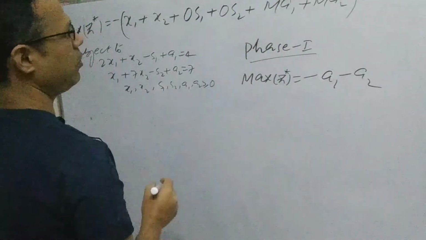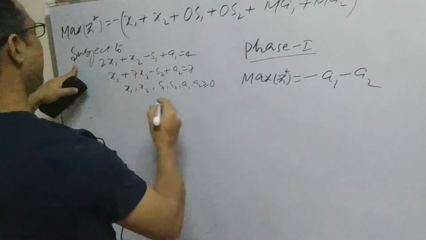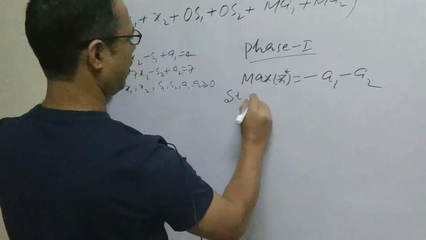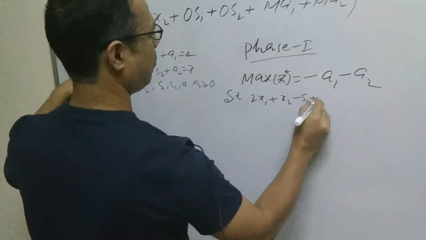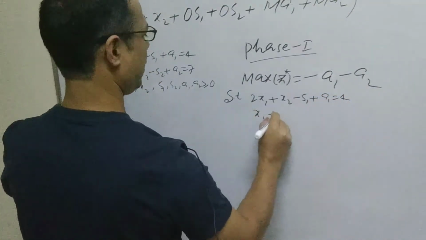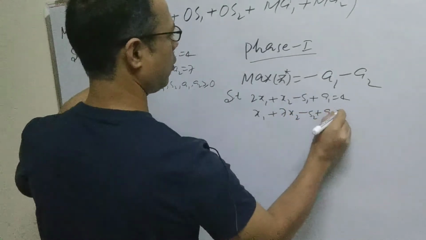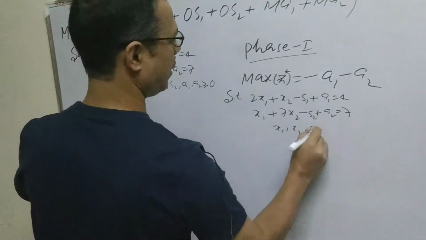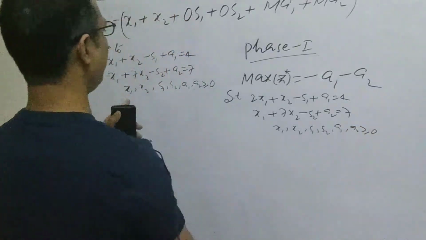Now M is equal to 1 and we start. In the subject to part, we are not going to make any changes, so the constraints will be the same as given here: 2x1 plus x2 minus s1 plus a1 is equal to 4, x1 plus 7x2 minus s2 plus a2 is equal to 7, and all the variables x1, x2, s1, s2, a1, a2 must be greater than or equal to 0.